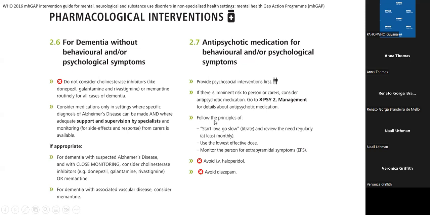Always follow the principle of start low, go slow. It is useful for different clinical scenarios. Use the lowest effective dose. If you prescribe an antipsychotic medication, use the low dose. Start with the lowest dose possible.